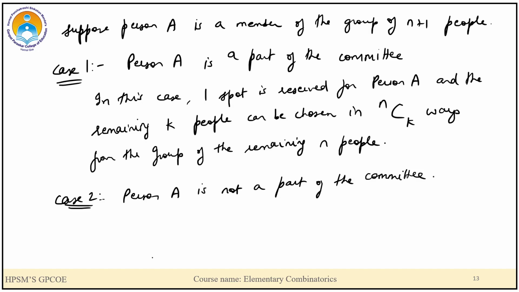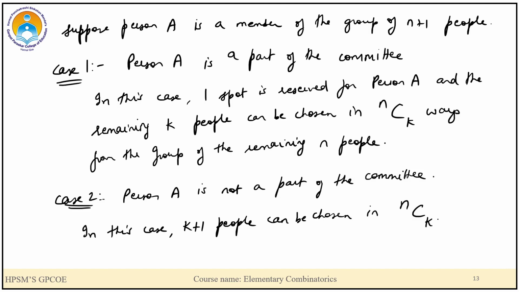All k plus 1 spots are open, but I have only n people to choose from. So in this case, k plus 1 people can be chosen in nC(k+1) ways from the group of n remaining people.